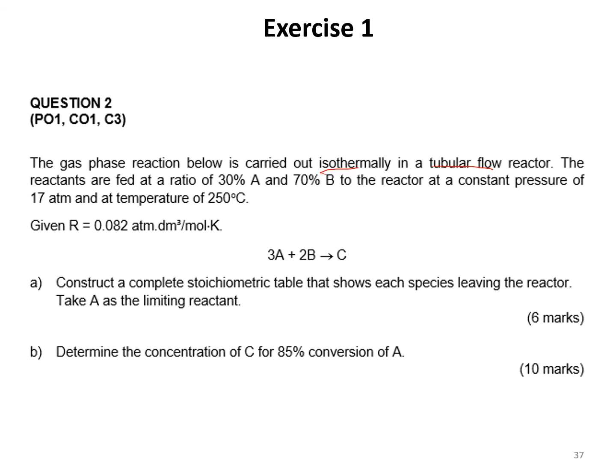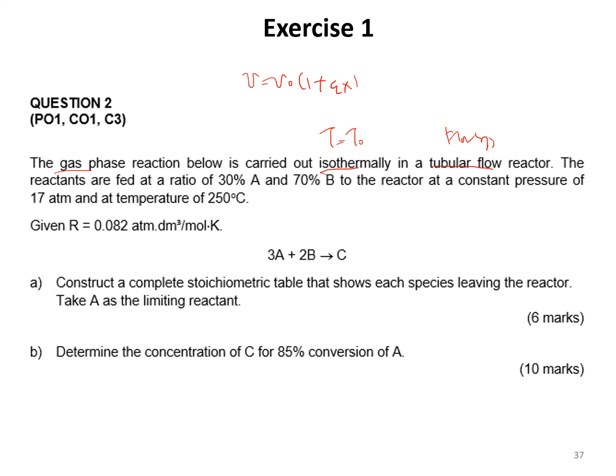If you can see, this is a gas phase reaction, carried out isothermally, meaning that T is equal to T naught, in a tubular flow reactor, so it should be a flow system. So this is a variable volume, which you need to consider: V is equal to V naught times 1 plus epsilon X.